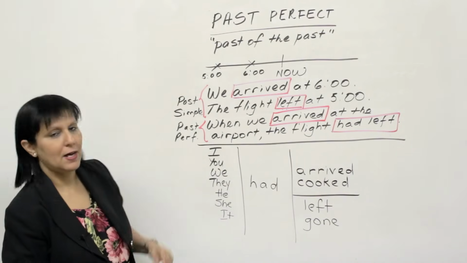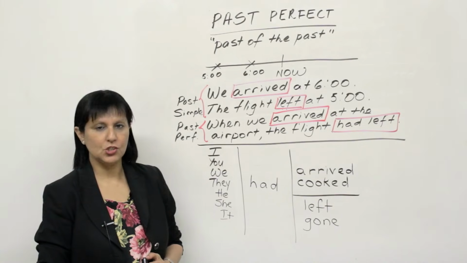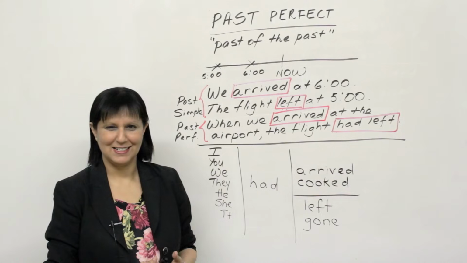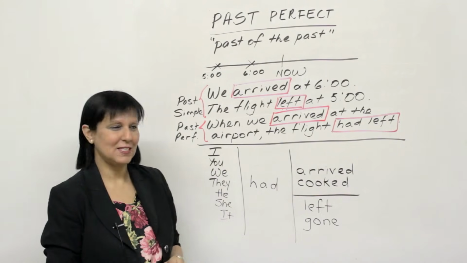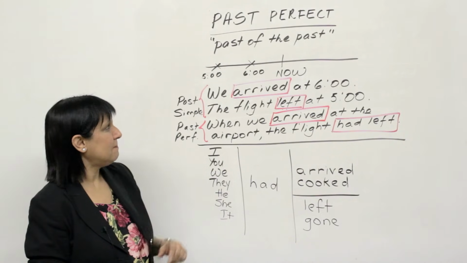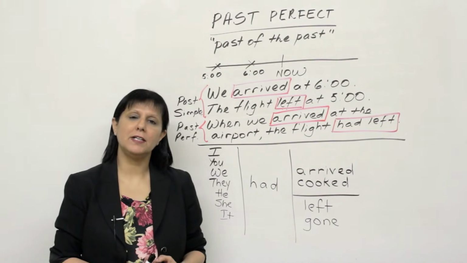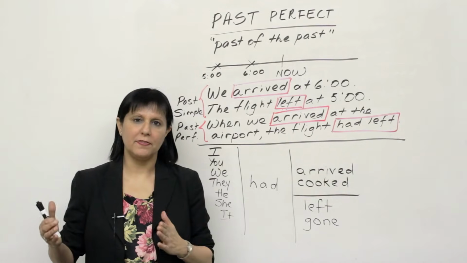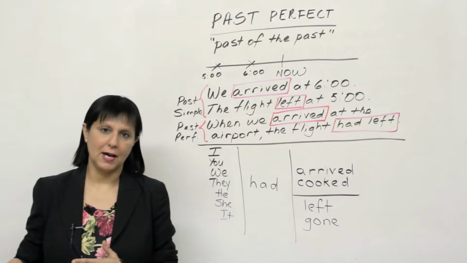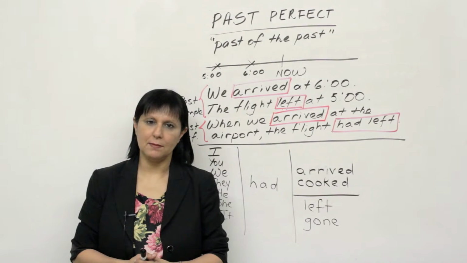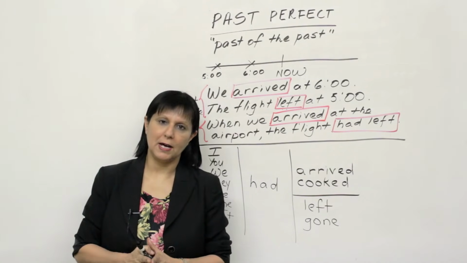Okay, so the past perfect tense in English is sometimes called the past of the past. Why is that? Let me explain to you. We use the past perfect tense when we are talking about more than one thing that happened in the past, right? Now, for those of you who have been studying English for some time, you know the simple past tense.